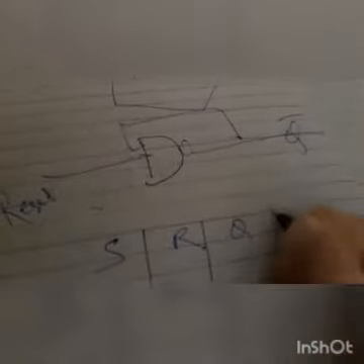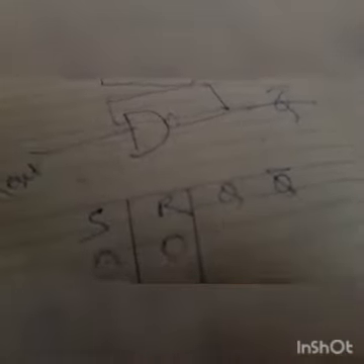But in a NOR gate, we have to write reset first, then set. Now feedback again. This is Q, this is Q bar, then S R Q Q bar, 0 0, 0 1, 1 0, 1 1.